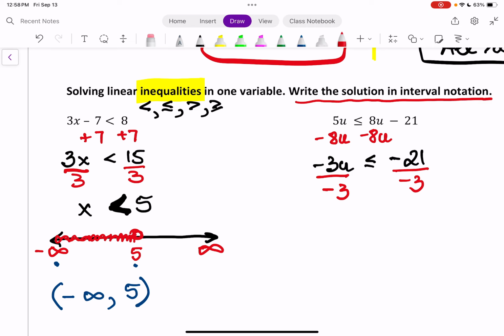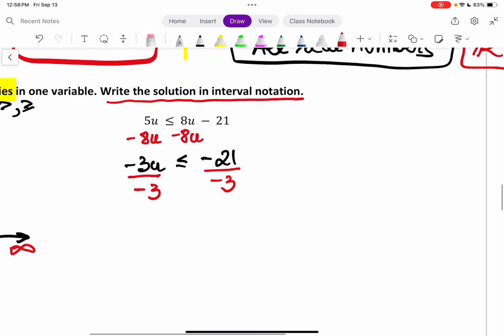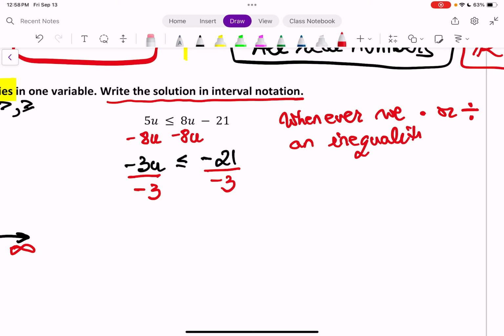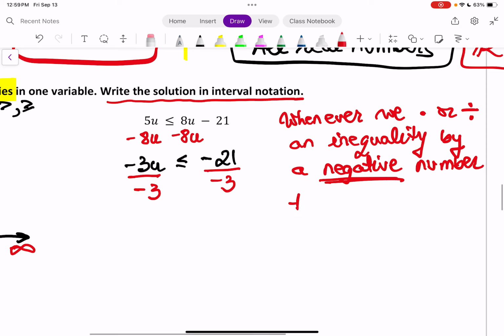However, and I'll write it here on the side, whenever we multiply or divide an inequality, so not an equation, an inequality, by a negative number, so I'm not talking about subtracting something, I'm talking about multiplying or dividing by a negative number, the inequality symbol has to be reversed.